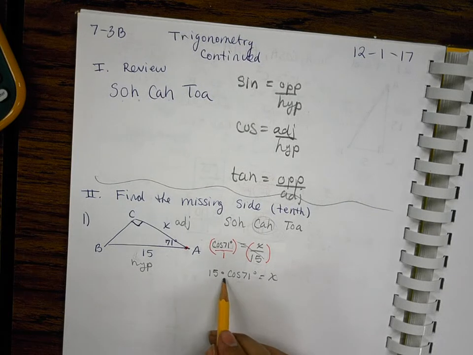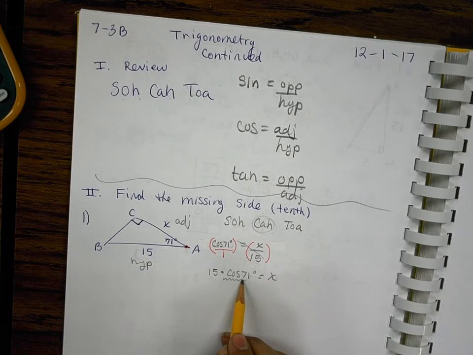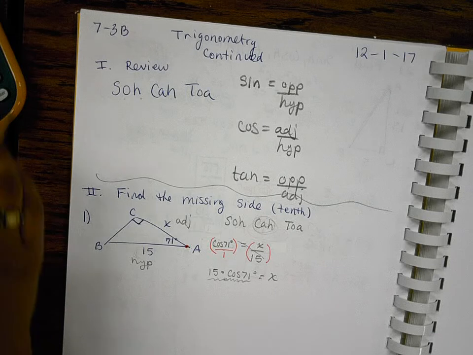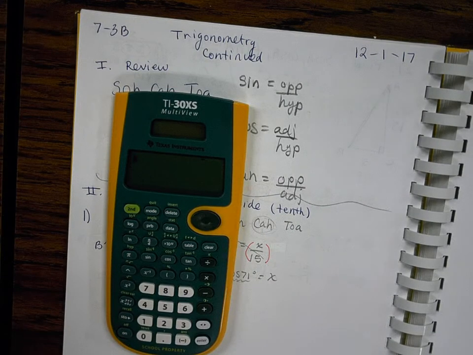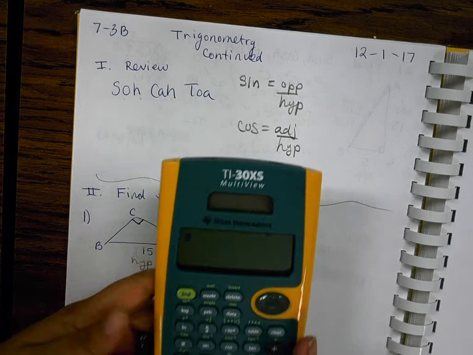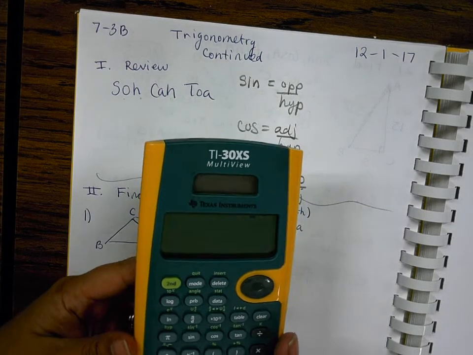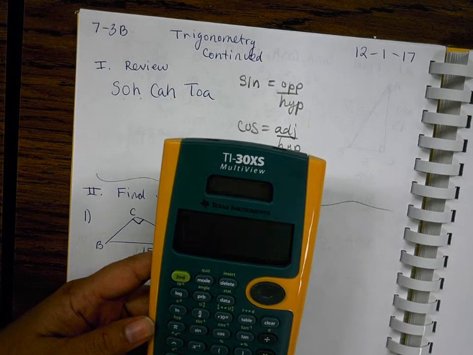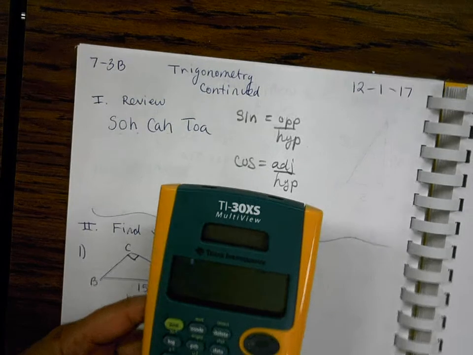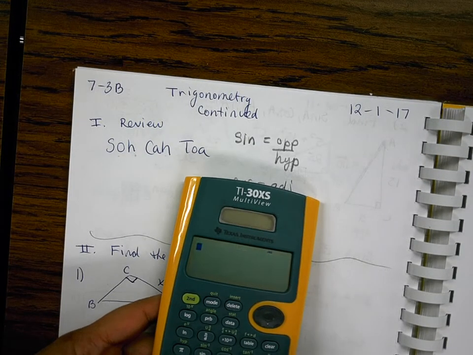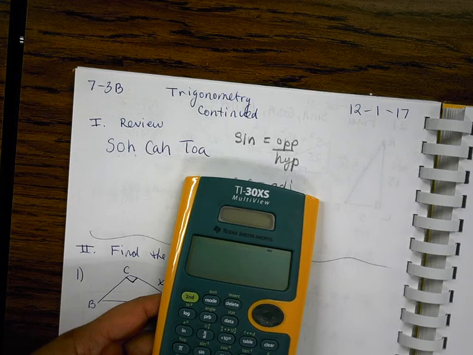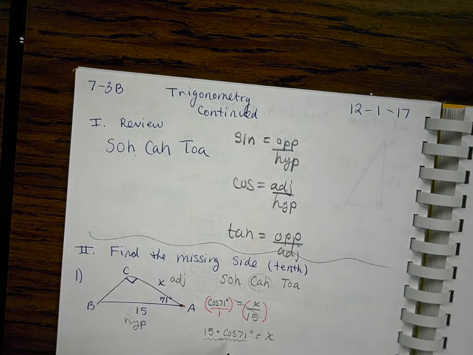Okay, so we're going to plug all of this in our calculator. Turn your calculators on, hit clear. This one's really hard to see, but I'm hoping you can see it better on your own. How do I type in 15 times cosine 71?